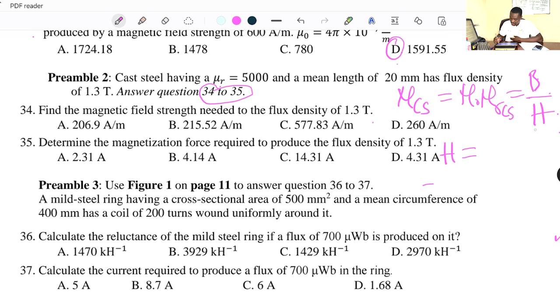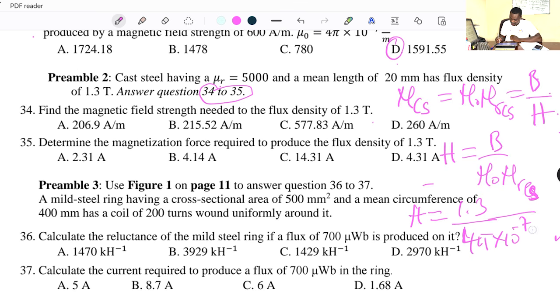We have this, all right? The magnetic field strength is the magnetic flux density over the absolute permeability of cast steel. That is going to be equal to the magnetic flux density, which is given as 1.3 Tesla, over the permeability of free space, 4 pi times 10 to the power minus 7, times 5,000.